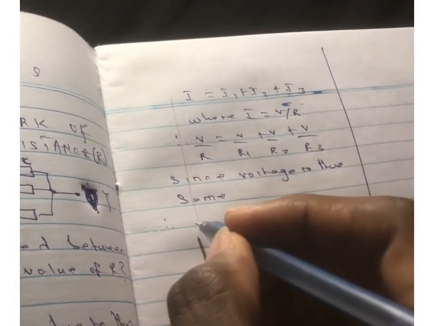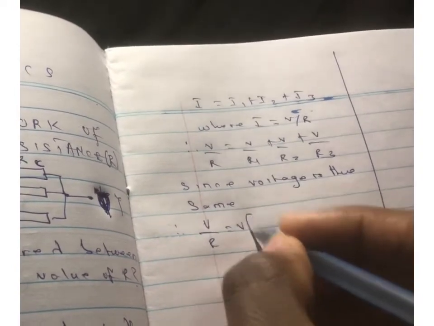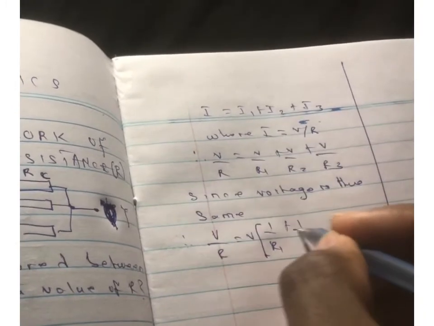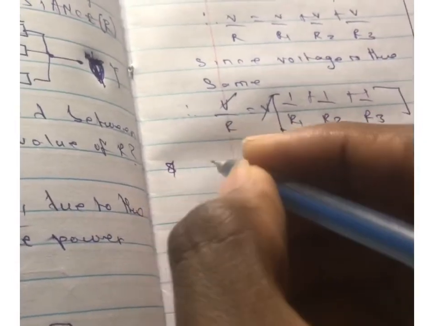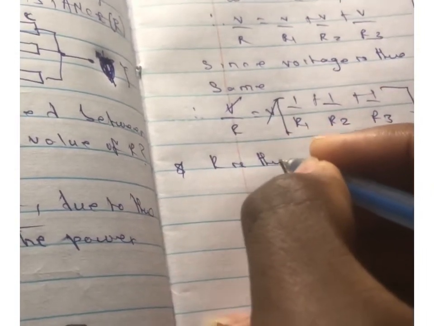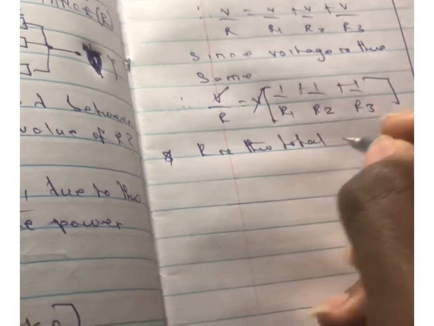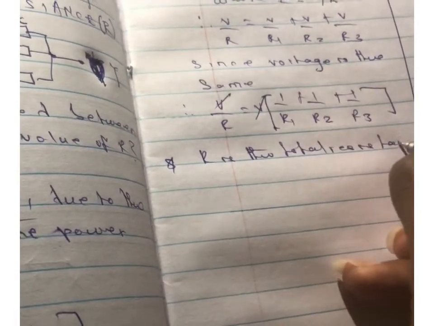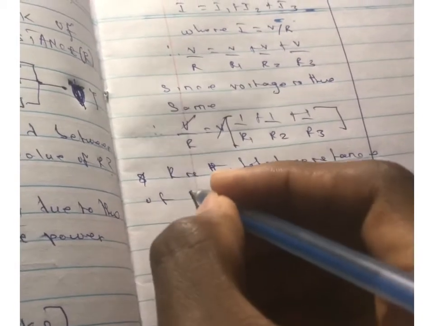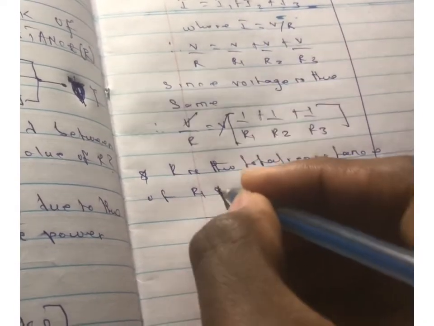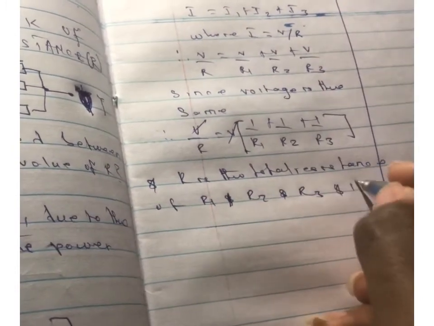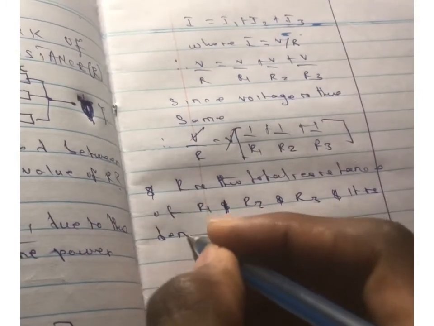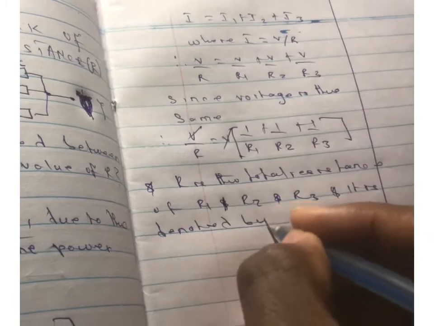Therefore, we can now write V over R equals V times 1 over R1 plus 1 over R2 plus 1 over R3, where V can cancel, and R is the total resistance of R1, R2, and R3, and it is denoted by RT.